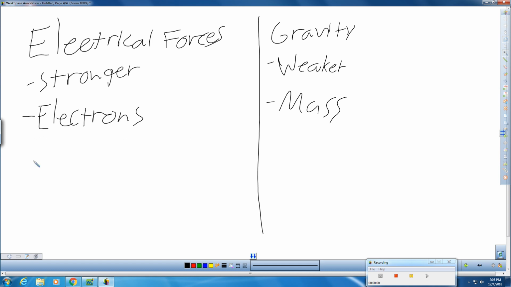Electrical forces obviously can be harnessed for things like devices. Anything powered by electricity is obviously powered by electrical force.